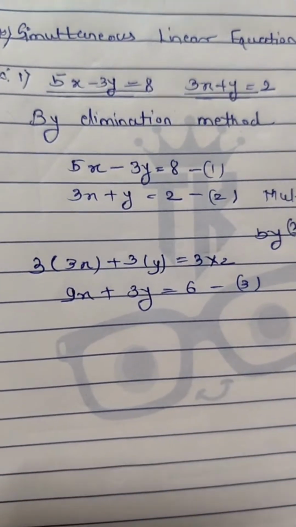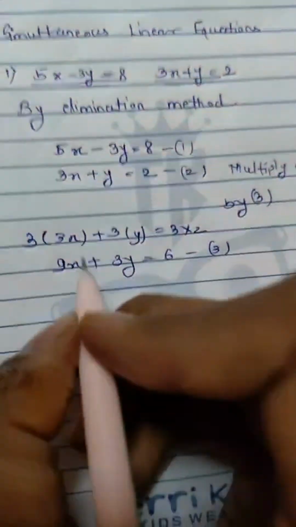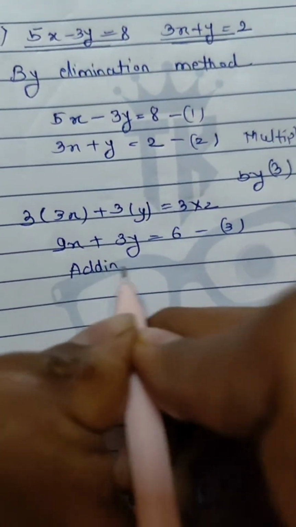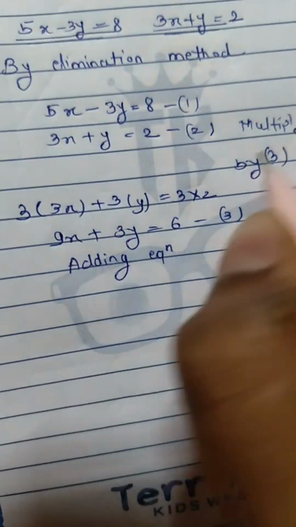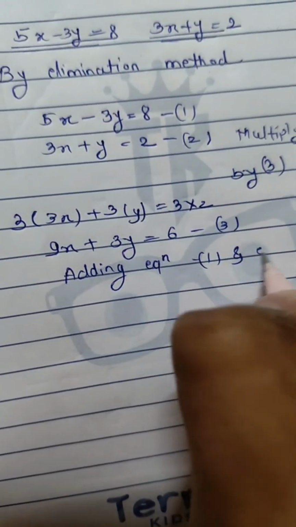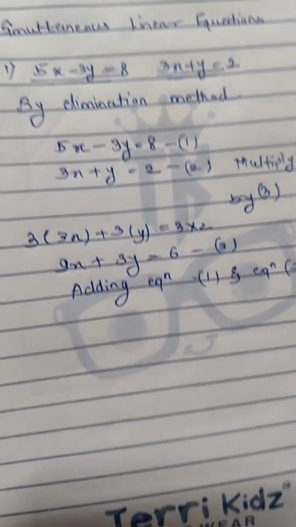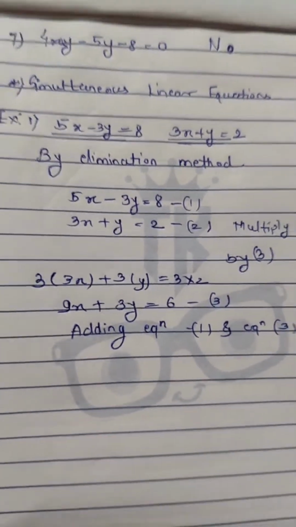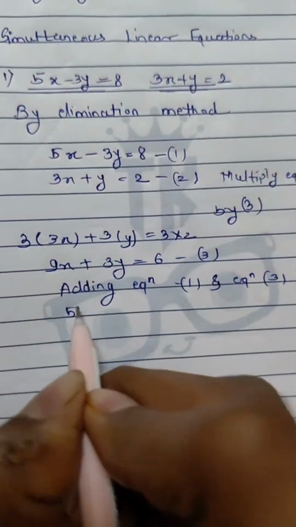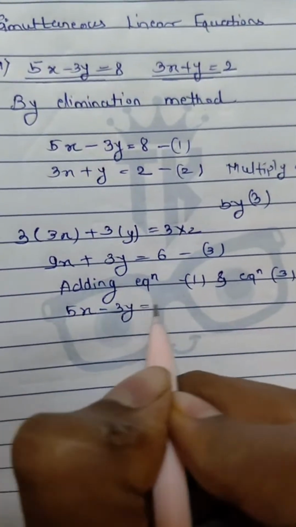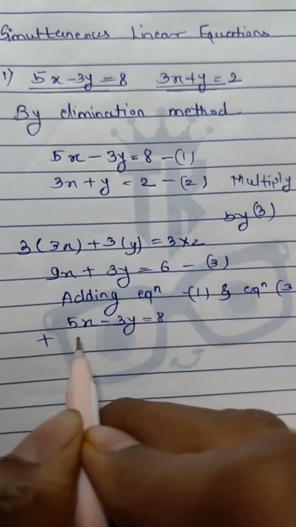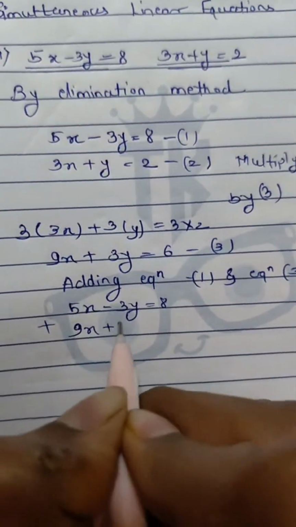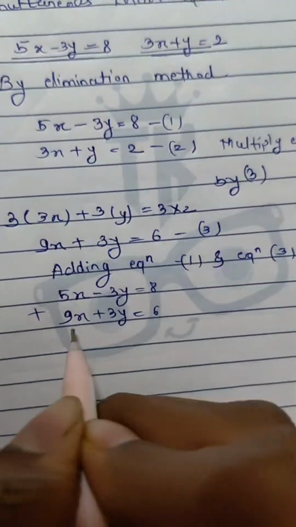So now we can add equation 1 and equation 3. We get 5x minus 3y equal to 8 plus 9x plus 3y equal to 6.